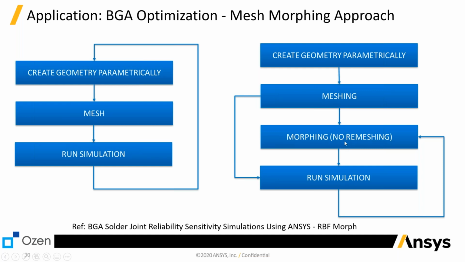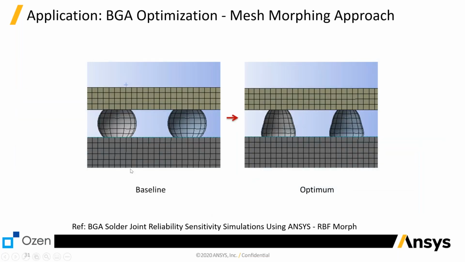You don't remesh it, but you just morph the mesh and run the simulation. So you do this cycle instead of going back and doing the geometry and remeshing again, which wastes time. You basically use the same mesh, but you just keep morphing it.